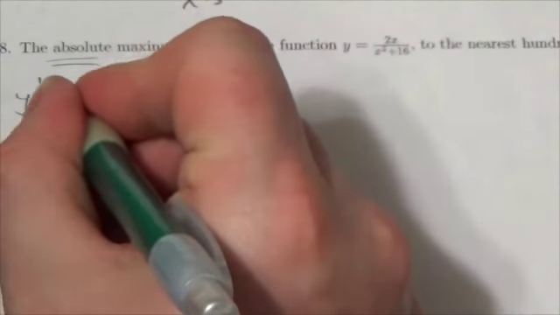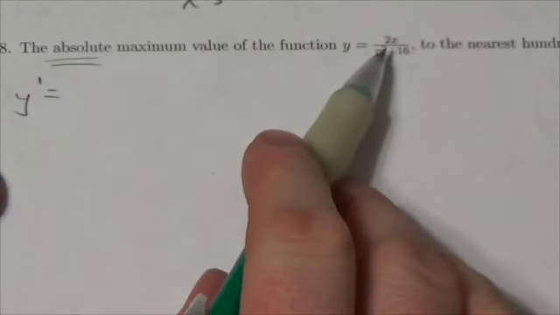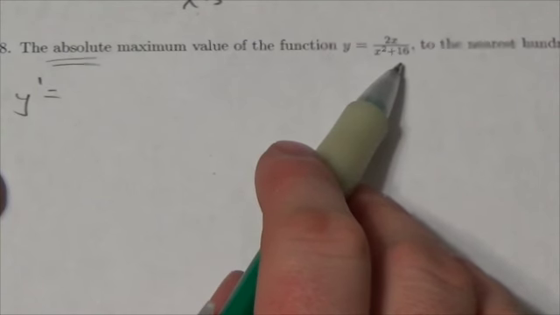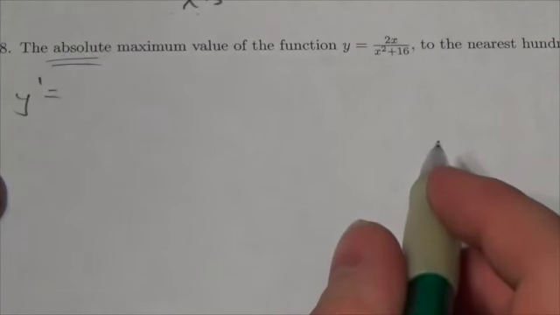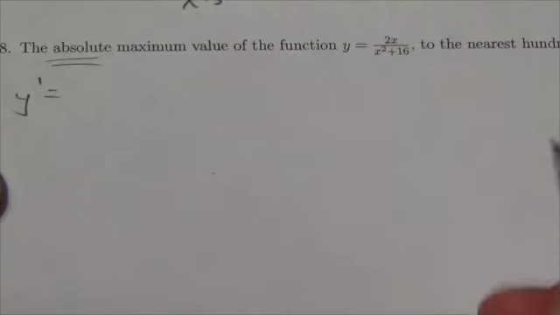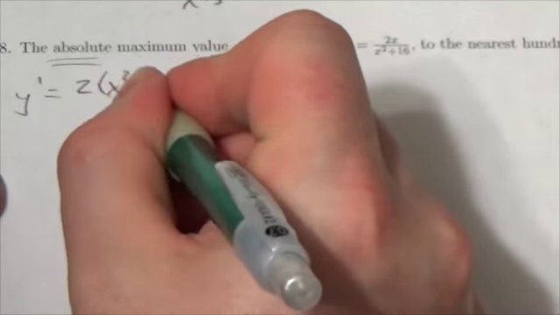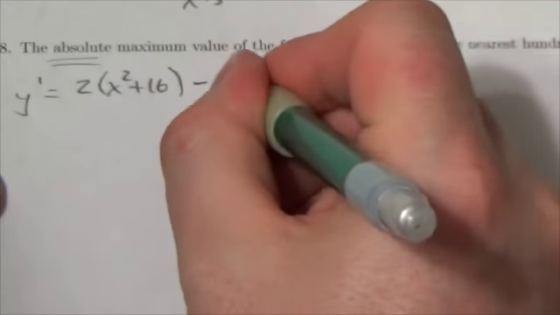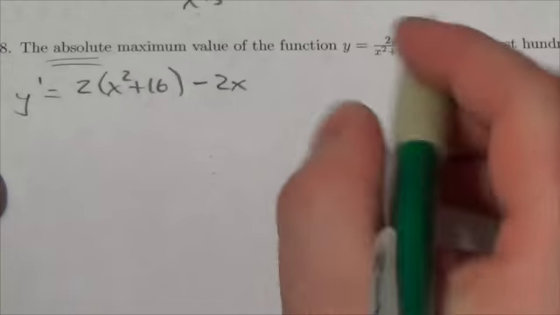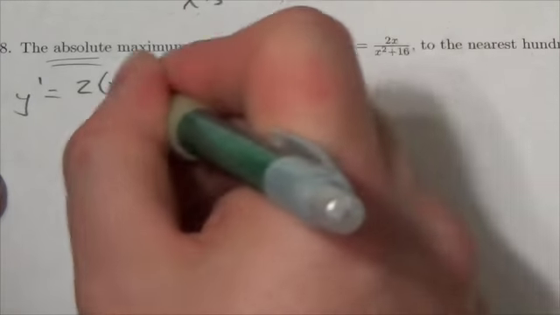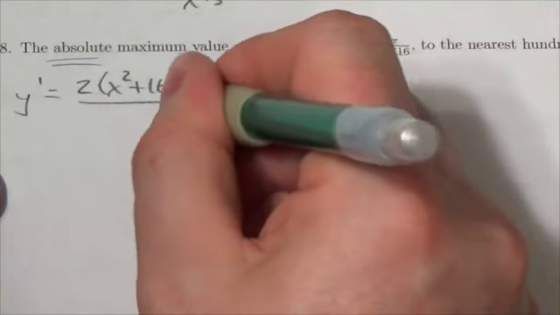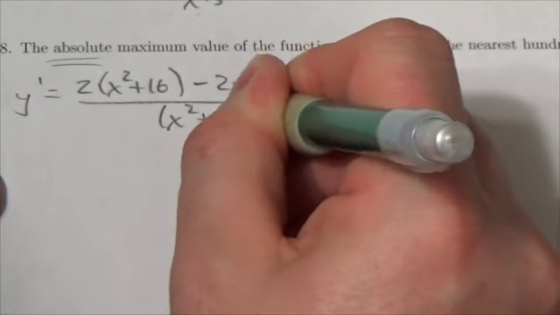So, what we're going to do is take the first derivative. Now, 2x over x squared plus 16, I'm going to use the quotient rule here. So 2 times x squared plus 16 minus 2x, that's the numerator, and the derivative of the denominator will also be 2x, all over x squared plus 16 all squared.